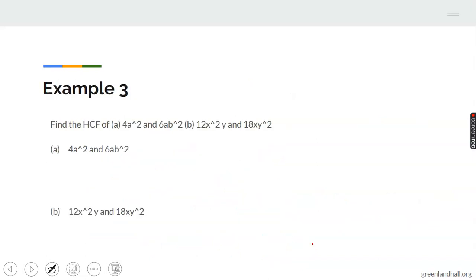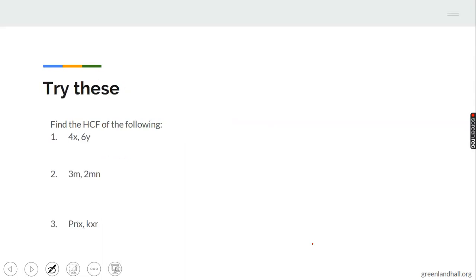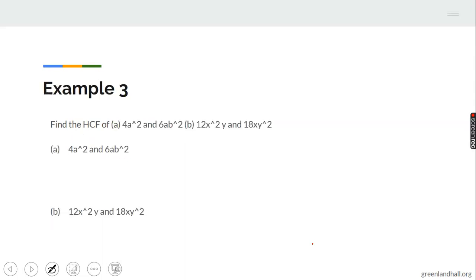We want to find the HCF of 4a squared and 6ab squared. First we are going to look at the factors of 4a squared and the factors of 6ab squared. Let's just write it here, 4a squared, then 6ab squared. Now how do we get 4a squared? By multiplying 2a multiplied by 2a.